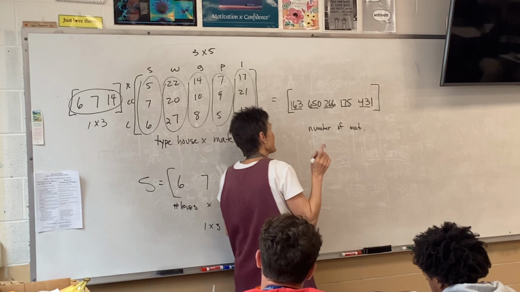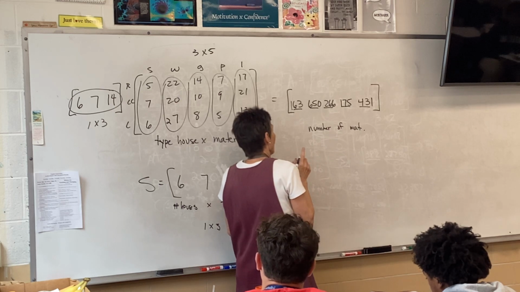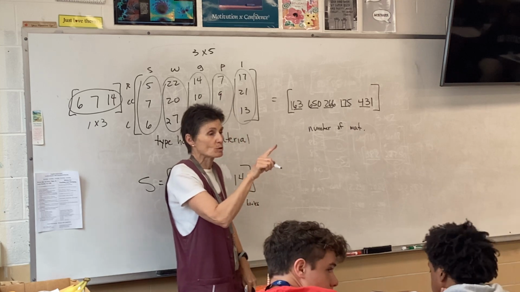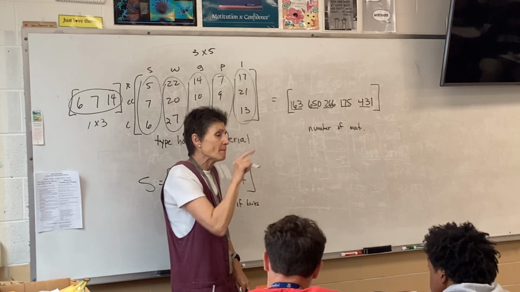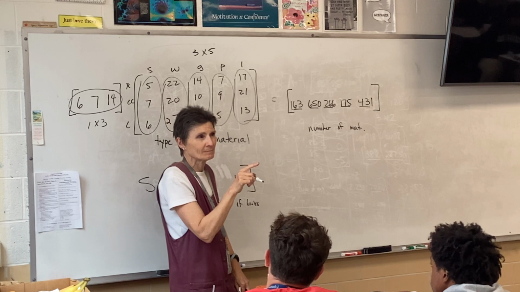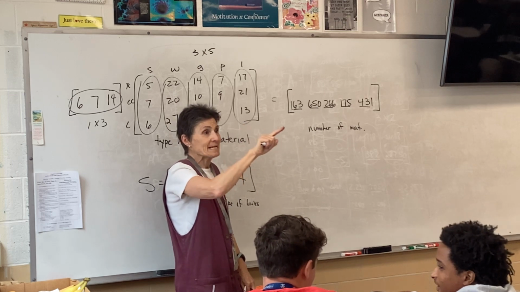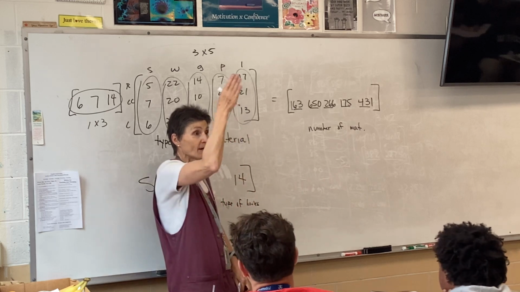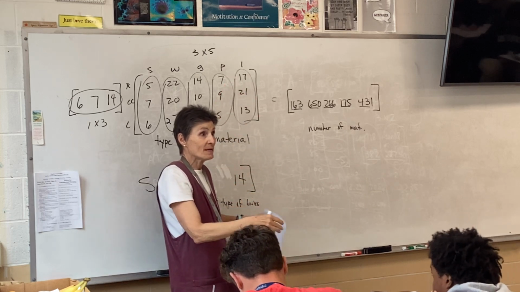You know what, George? I kind of like that idea, but what if your cost matrix was a 1 by 5, could I write it as a 5 by 1? So instead of writing it as what we call a row matrix, I could write it as a column matrix.